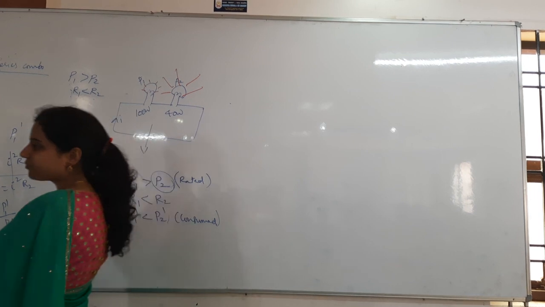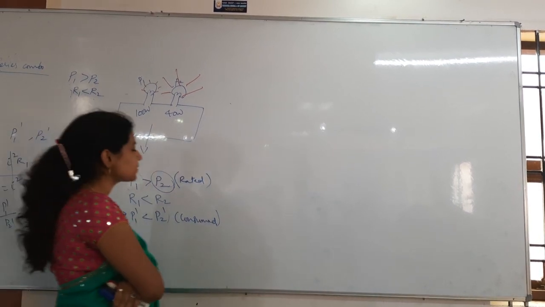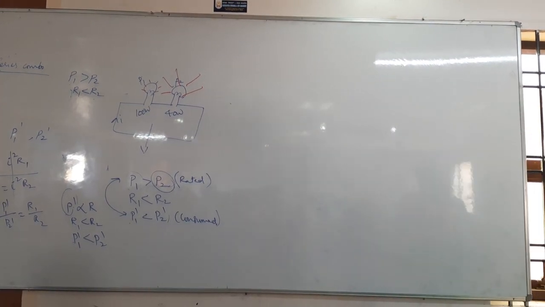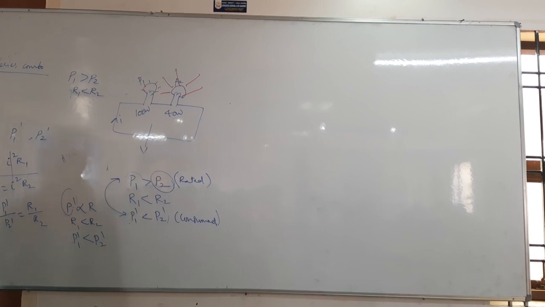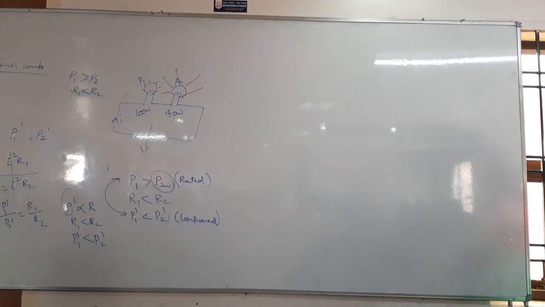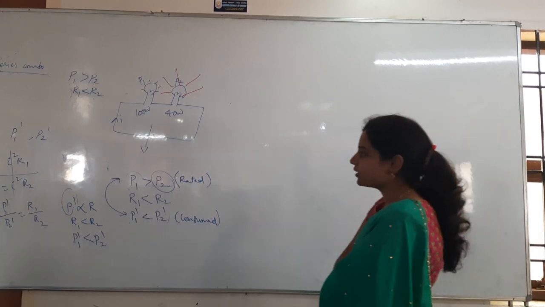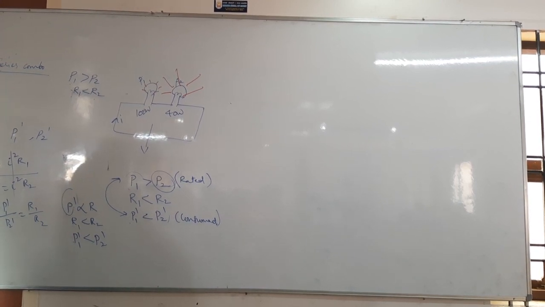As the bulbs are connected in series, current is the same in both, then the power consumed, P dash, is equal to I square into R. Then P dash is directly proportional to R. As R1 is less than R2, then P1 dash is less than P2 dash.